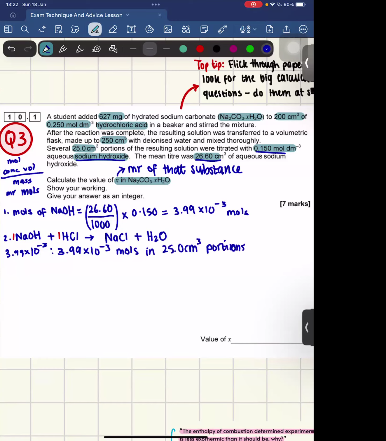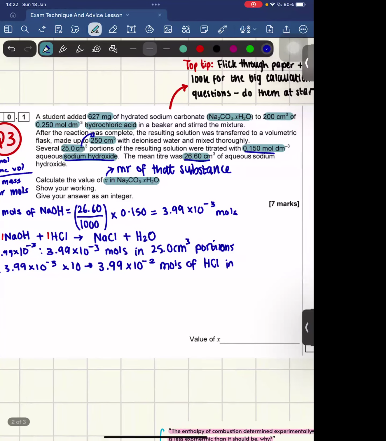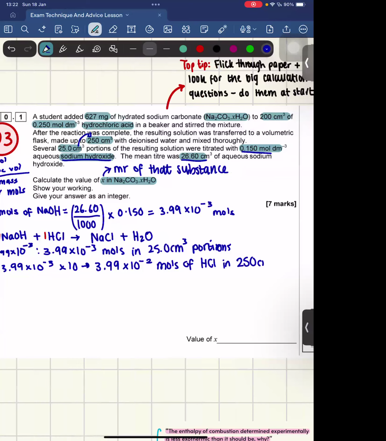What I need to do, because I'm working backwards, is convert that into 250. So 25 times 10 is 250. So I'm going to do the exact same thing with my moles. I'm going to take 3.99 times 10 to the minus 3 and times it by 10, and that's going to give us 3.99 times 10 to the minus 2 moles of HCl in 250 cm³.